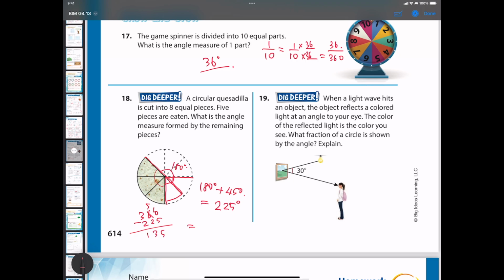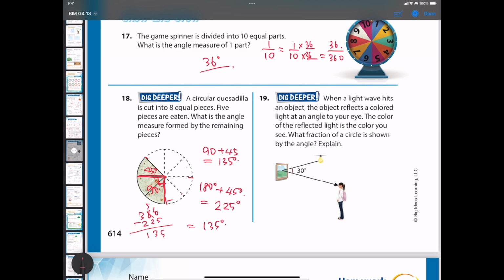So the answer is what? 135 degrees. Another way of finding it is what? I know this forms 90 degrees, and this is 45 degrees. So 90 plus 45 is 135 degrees. The same. Okay.